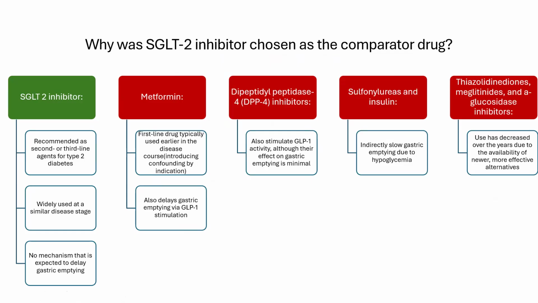On the other hand, other medications like metformin delay your gastric emptying. Sulfonylureas and insulin also indirectly slow gastric emptying due to hyperglycemia. The DPP4 inhibitor also stimulates GLP-1 activity, but its effect on gastric emptying is minimal. And other drugs, their use has decreased over the years.